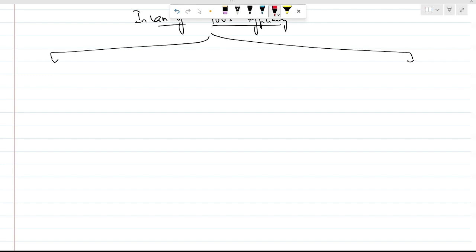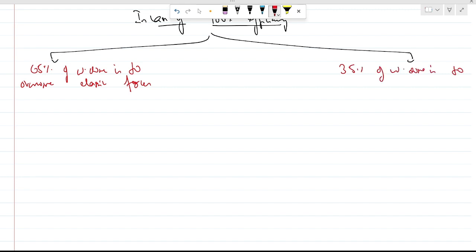I'll have two cases. 65% of work done is to overcome elastic forces, and 35% of work done is to overcome elastic resistance, or the impedance that the lungs actually provide.